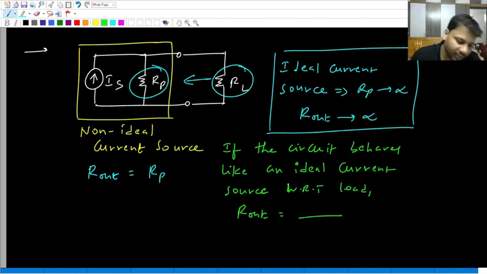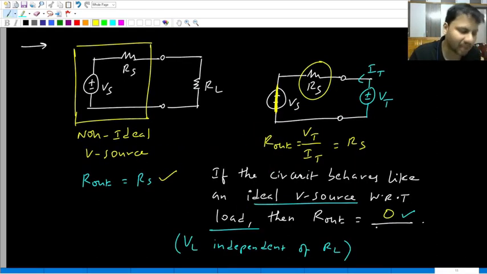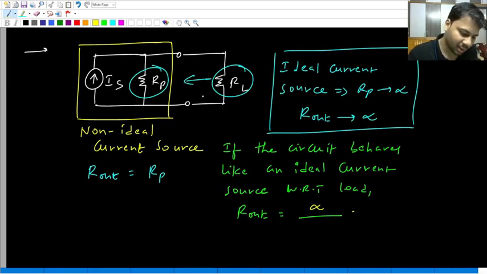Will it not be infinity? Very good. R out is infinity. If the circuit behaves like an ideal voltage source, then directly we can say R out is 0. If the circuit behaves like an ideal current source with respect to load, then directly we can say R out will be infinity without doing that VT-IT method.